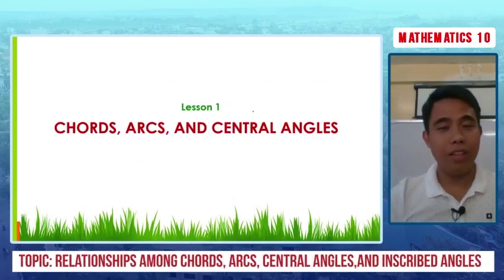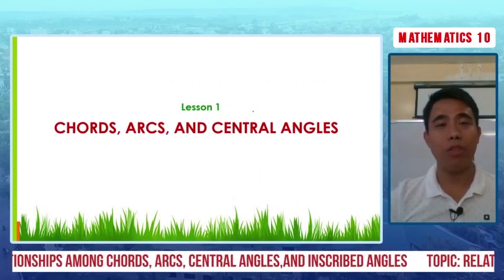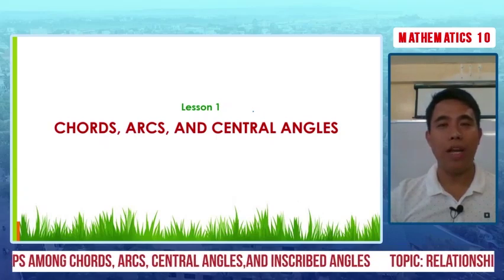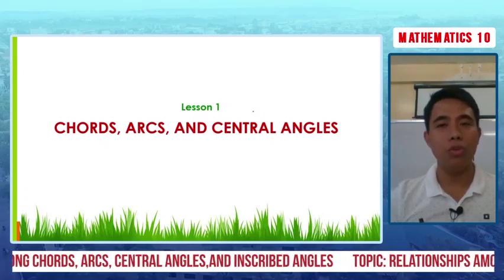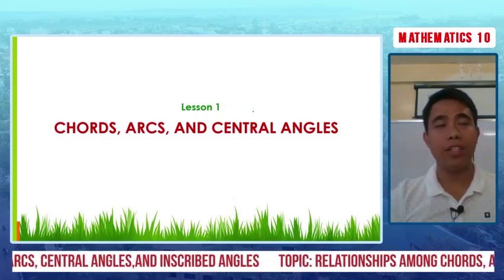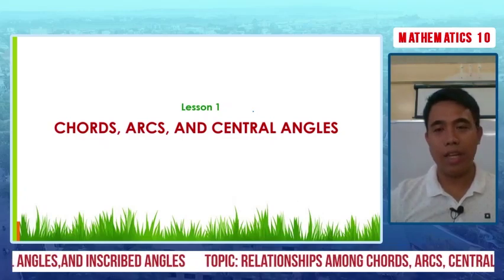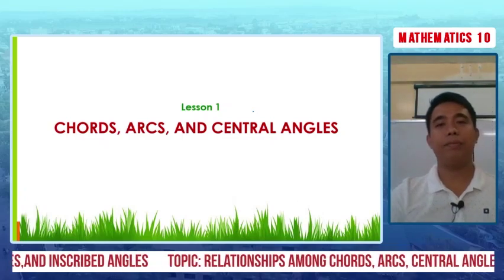So we are done recalling yung mga parts related to circles, and now let's proceed to our lesson 1. I divided this lesson into 2. The first one involves chords, arcs, and central angles, and the other one ay chords, arcs, and inscribed angles.